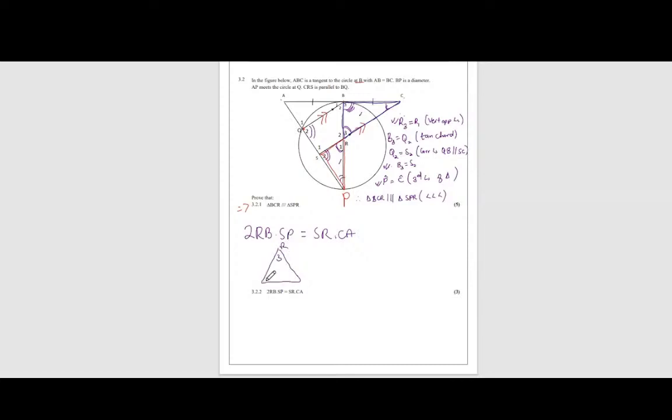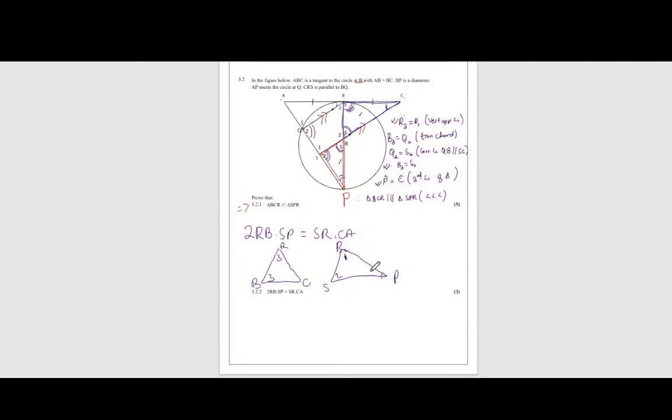Okay, this is B3. I'm sorry for the way I'm putting it, but then this is a C. And then if I'm to draw exactly the same thing, something like that. So B3 is the same as S2, and then R3 is the same as R1, and then this is going to be a P.